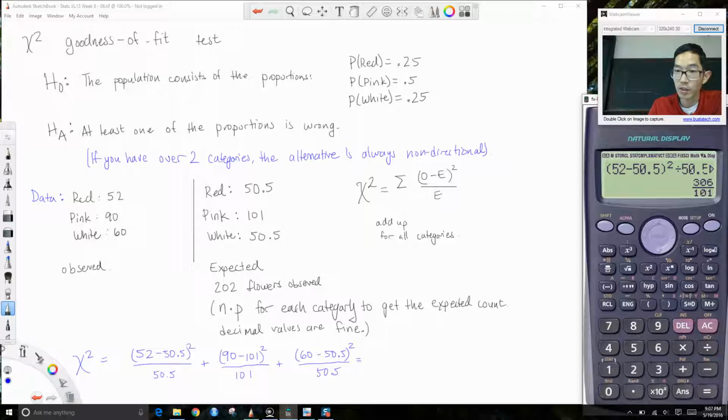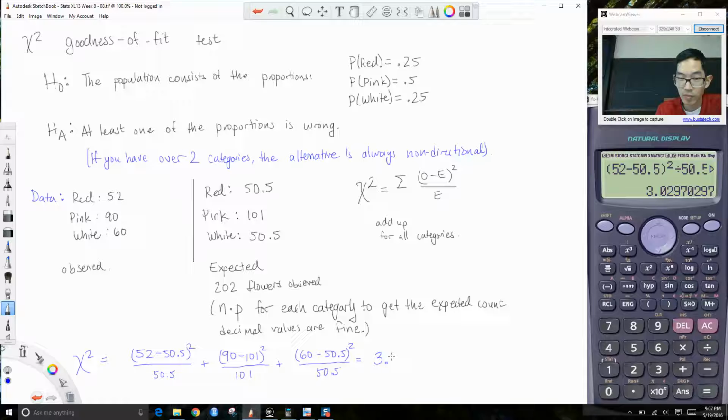Okay, I'm getting a test statistic of 3.03, 3.0297. I don't know if anyone's going to bother trying to verify this, but this is what I got here.